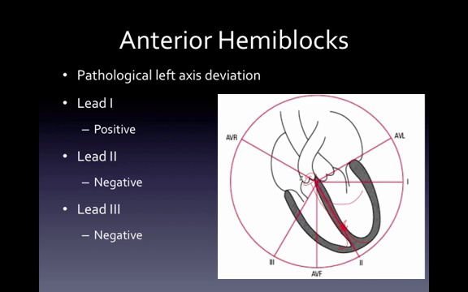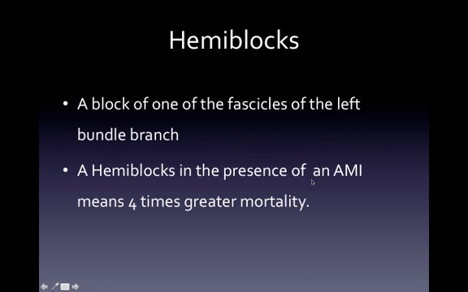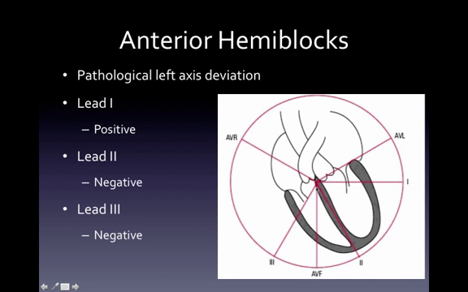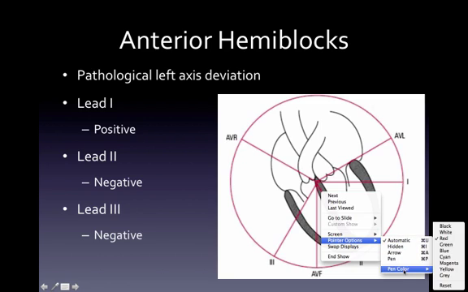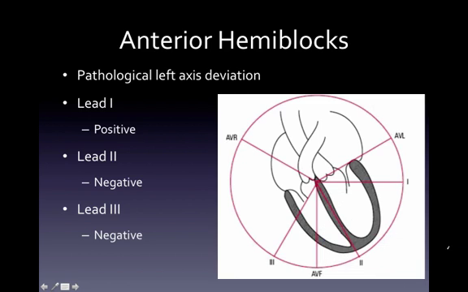I'm going to change paint colors here. Let's just kind of redraw this. Okay, so the AV node is here. You have a right bundle branch, Purkinje fibers.